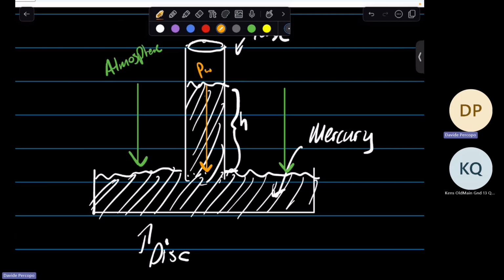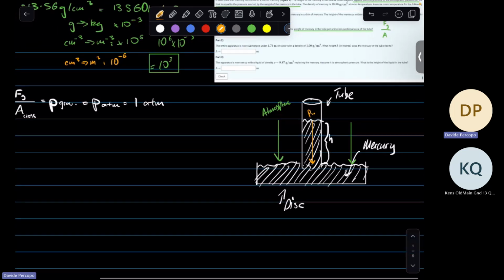Because the pressure of an atmosphere on a body of anything just acts like that.